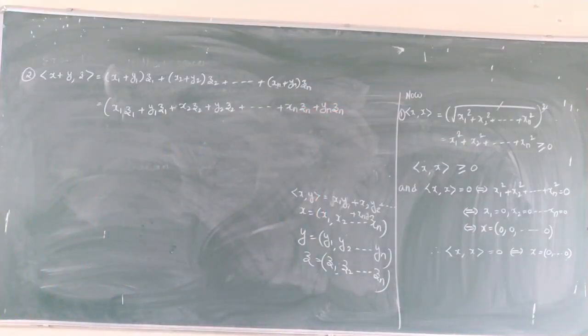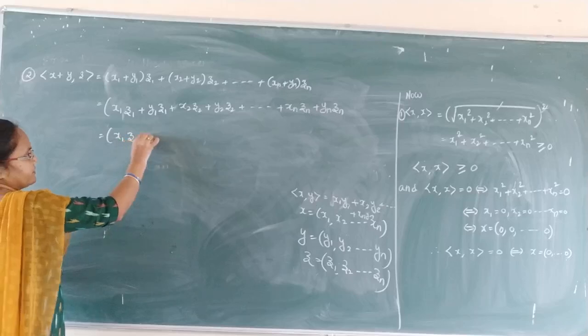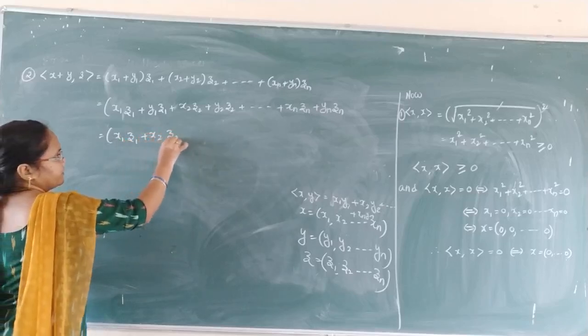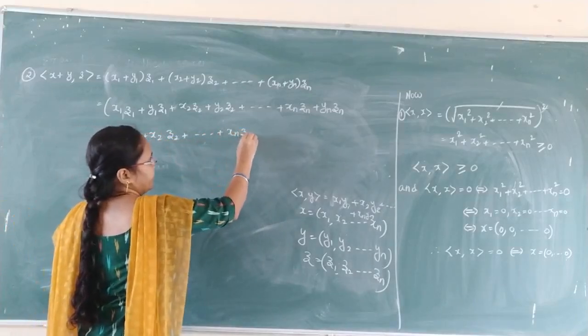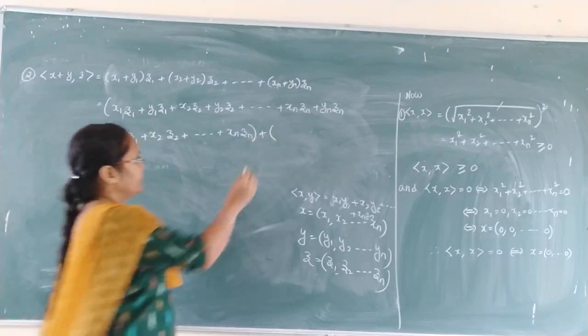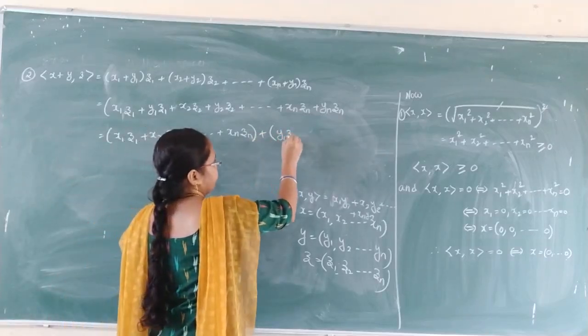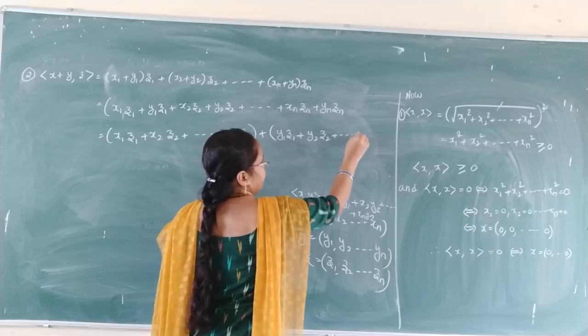Now here we are writing all the x z terms in one brace, and the y z terms in another brace. So the x terms x1 z1 plus x2 z2, so on plus xn zn are in one brace. Next the y terms are in another brace, y1 z1 plus y2 z2, so on plus yn zn.